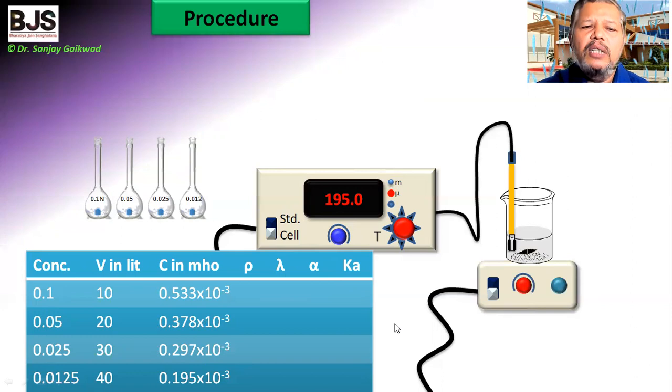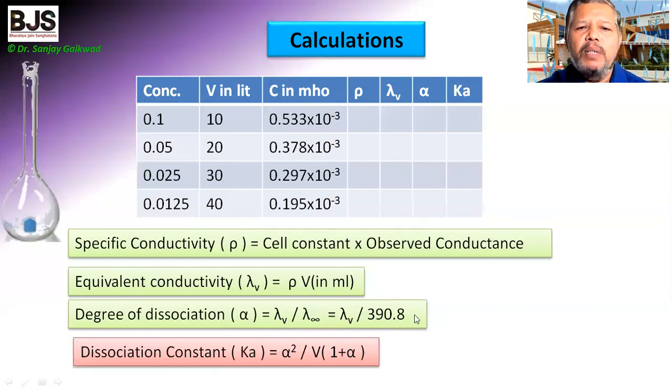Next, we calculate the specific conductivity, that is the rho value, then the equivalent conductance, then the degree of dissociation, and finally Ka, the dissociation constant, for each solution. First we calculate the specific conductivity: rho equals cell constant into observed conductance. The cell constant value is taken from the KCl solution; we substitute it here along with the observed conductance and calculate the specific conductivity for each solution.